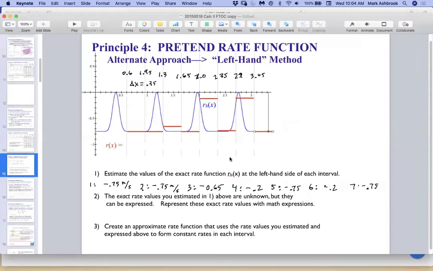These don't do that. All these do is just pull off the rate at the beginning of every interval. So like for this one, this is a very bad approximation for this interval, right? See this? Because we estimated it to be down here, below the halfway point, which is a much better average, a much better estimate. But using the left-hand method, you get this very bad approximate rate in that interval. See that?